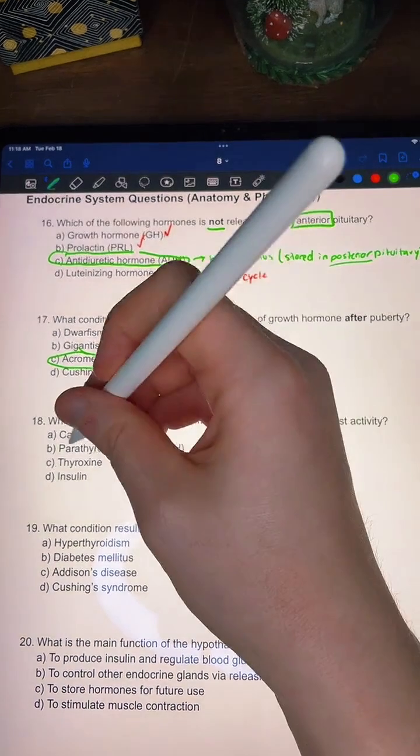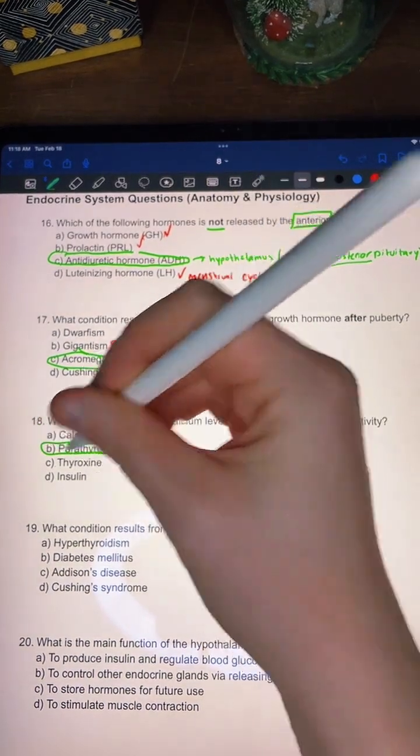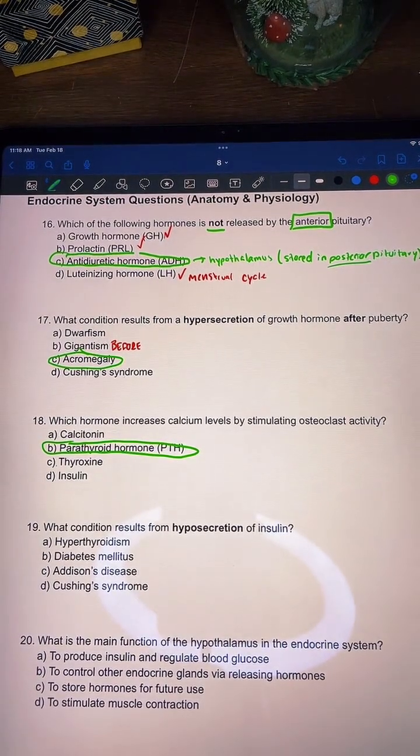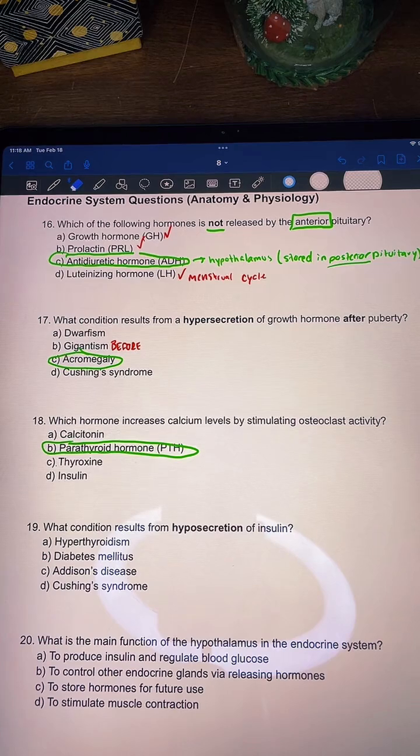But the answer is B, parathyroid hormone. Yes, osteoclast, calcitonin. All right. I think everyone got that one right. I don't think I saw any wrong answers in the comments.